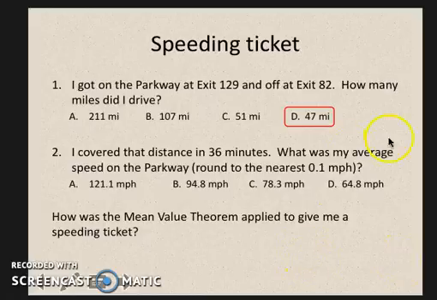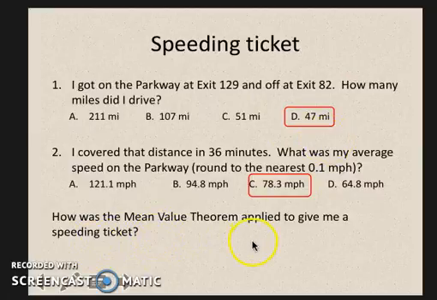If you divide 47 miles by 36 minutes and convert minutes into hours by dividing 36 by 60, you get 78.3 miles per hour.